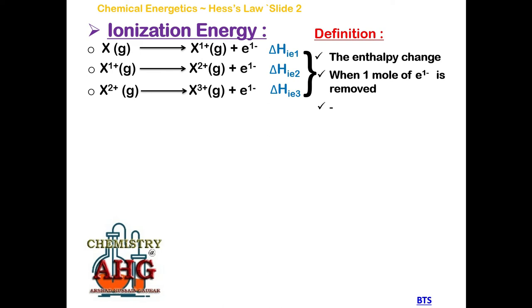I'm going to tell you the complete definition for the first ionization energy, and then you can write down the second and third ionization energy definitions yourself. How can you define first ionization energy?